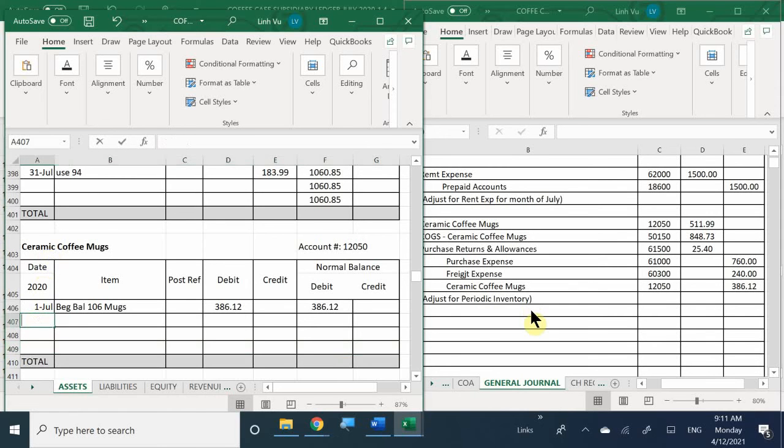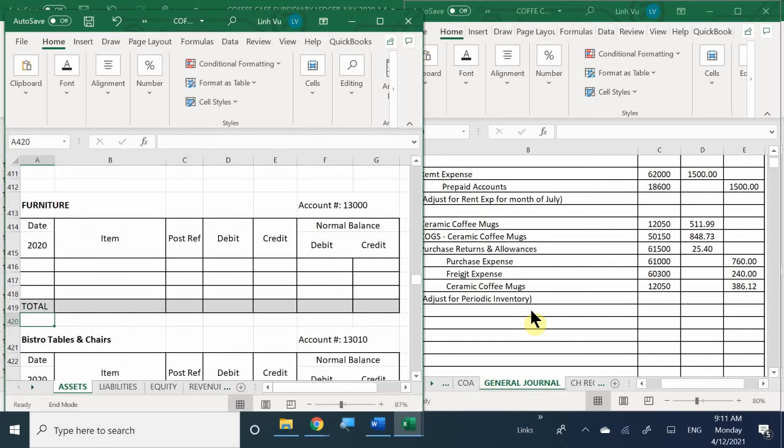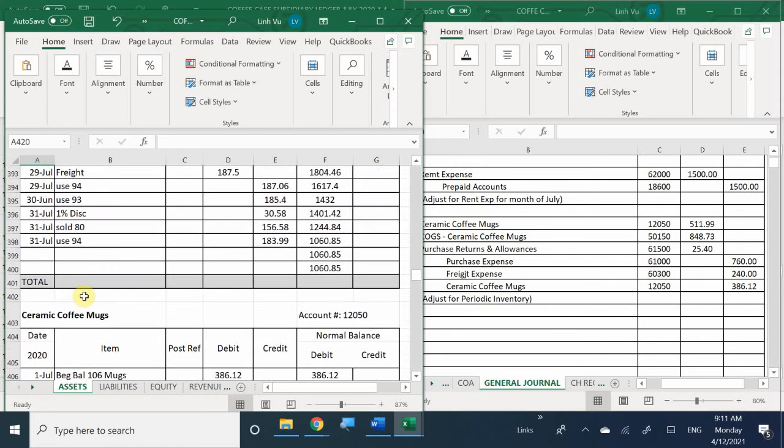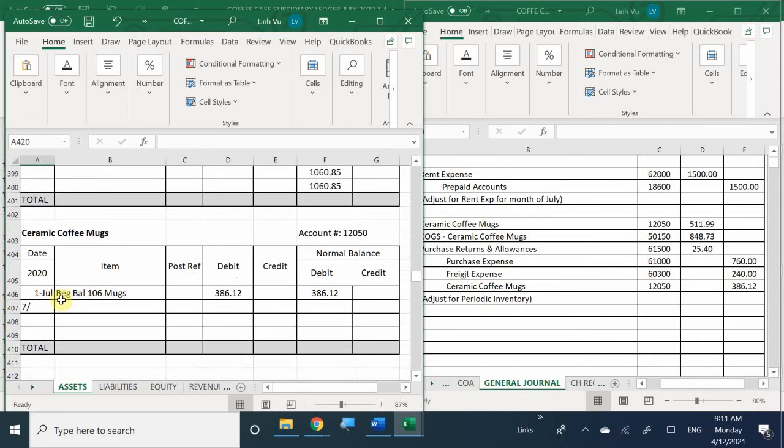Okay. So again, on 7/31, sorry, go back to it. On 7/31, what was my first entry here in my journal?